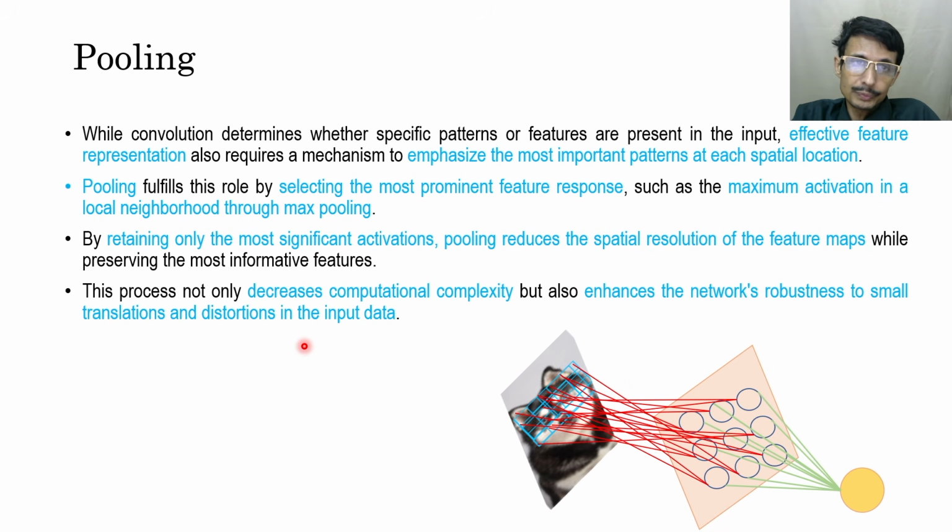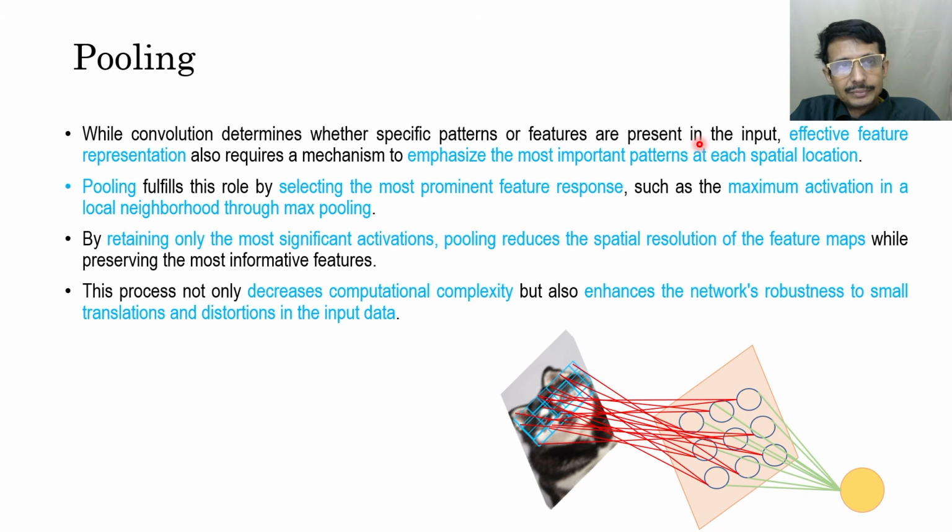Convolution basically determines whether a particular pattern is present or not. But there is a requirement to know which of these patterns are most dominating, most effective. So for effective feature representation, it is required to emphasize the most important patterns.